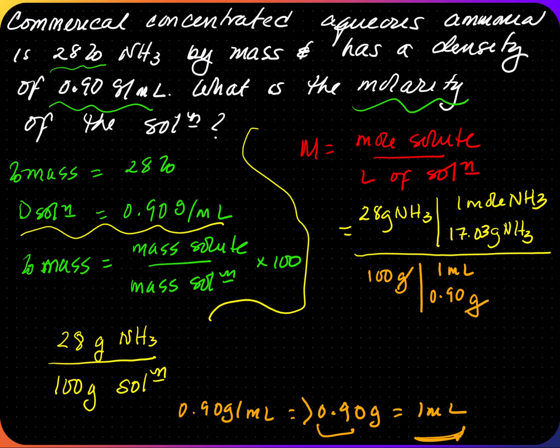Now I need to convert my milliliters into liters because molarity is in liters. There's 1,000 mL to 1 liter. So if you plug all of this in, you get 14.797. So now let's do sig figs. There are 2 sig figs here.